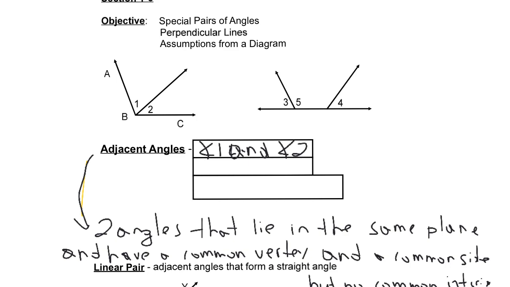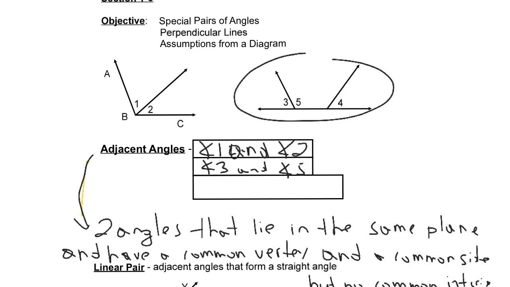Now in this picture, adjacent angles are angle 3 and angle 5. Do we have another pair of adjacent angles? No. You cannot say that 4 and 3 are adjacent. They are not next to each other. They don't share a common side.